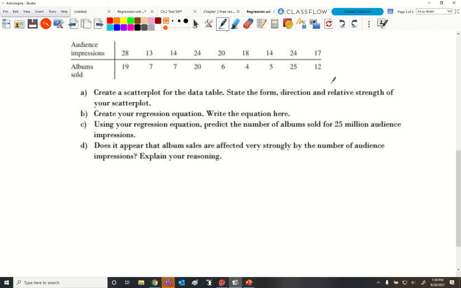And right here, before I get going too far, I'm going to label my impressions my X, my album sold my Y.